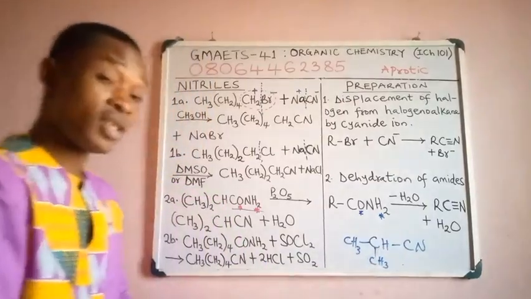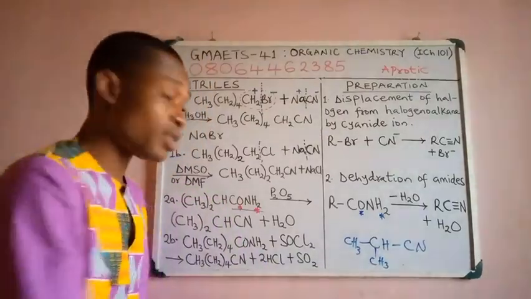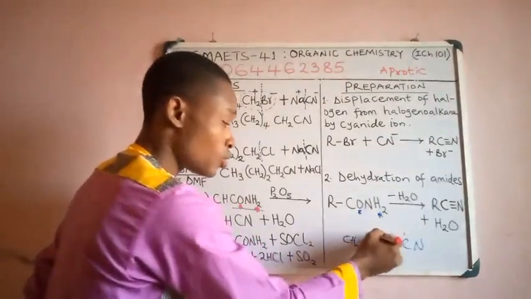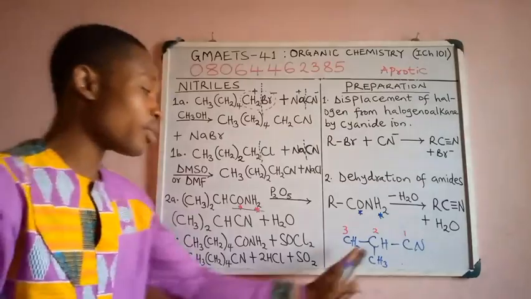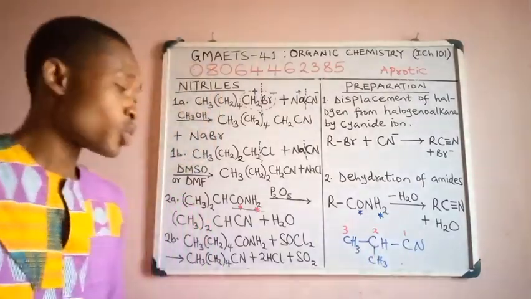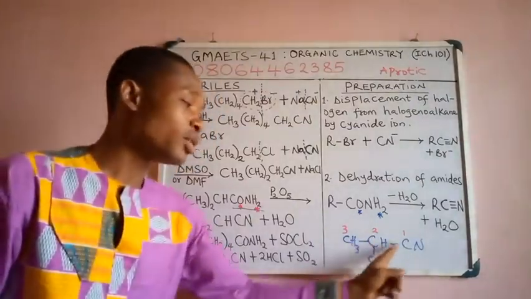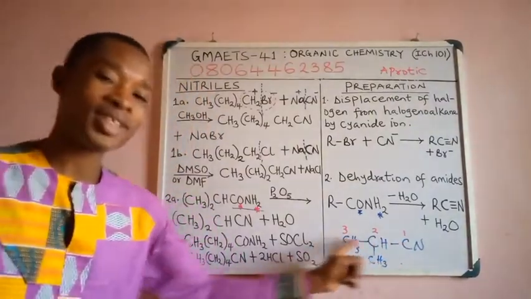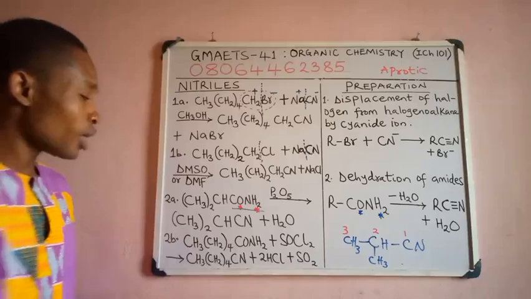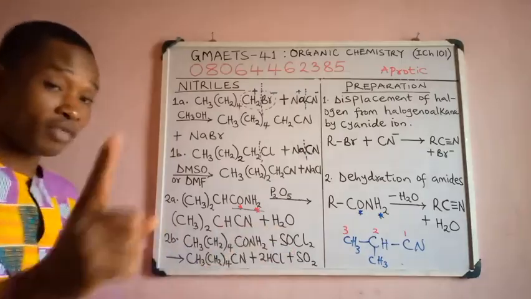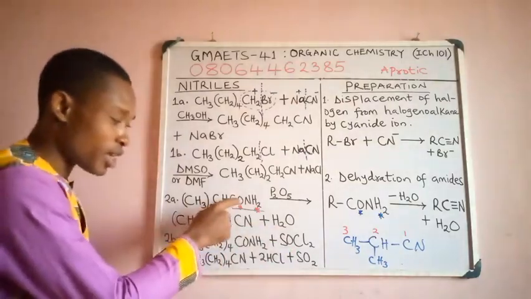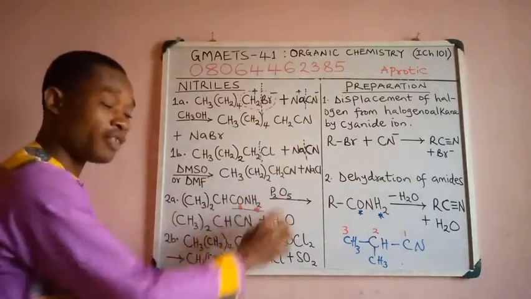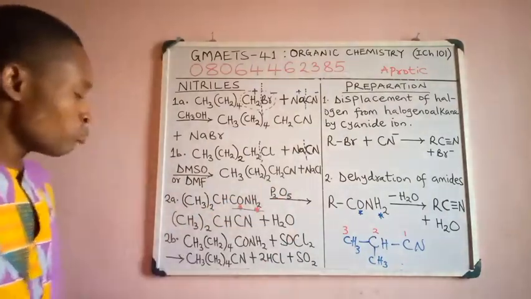If you count, just like we treated in the nomenclature, this is 1, 2, and 3. In the second carbon atom, there is a methyl attachment. So the name of this compound is 2-methylpropanenitrile. So that's how we got this. Do not forget, in the dehydration reaction, oxygen and hydrogen are being removed by the phosphorus pentoxide.